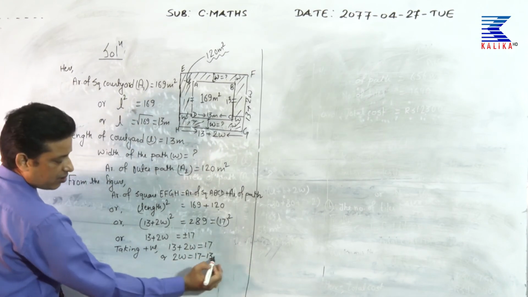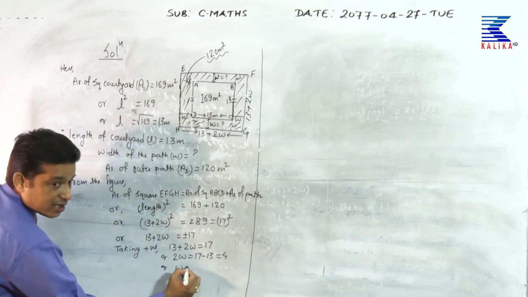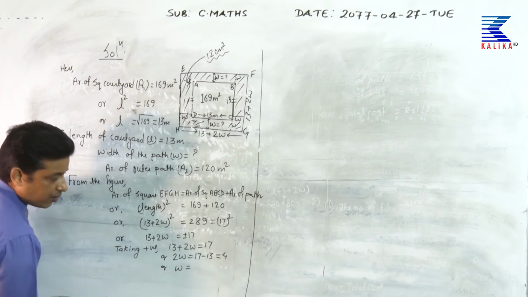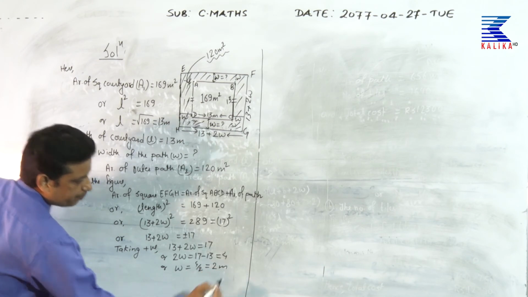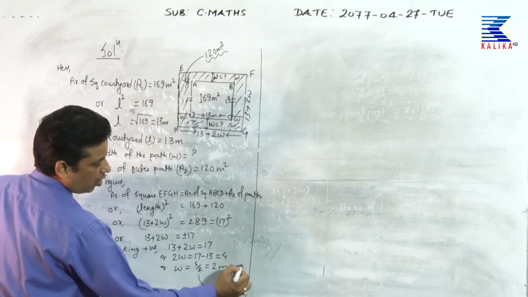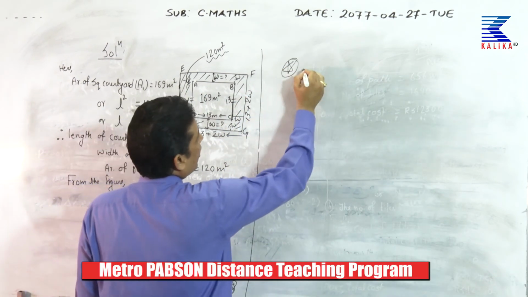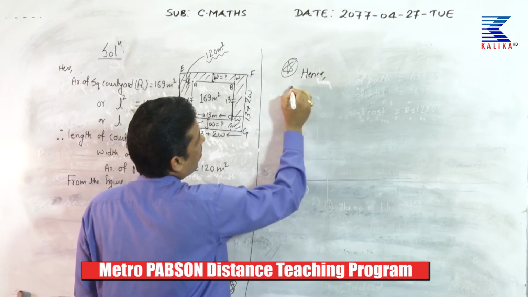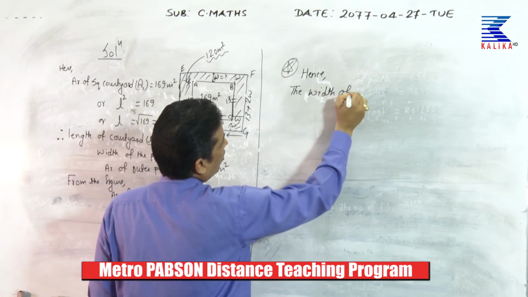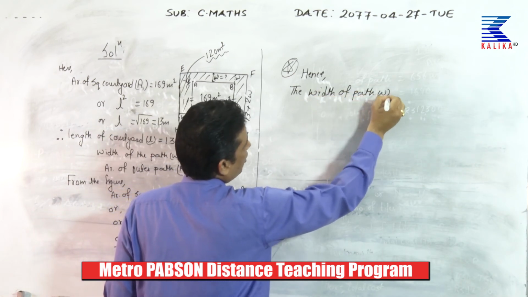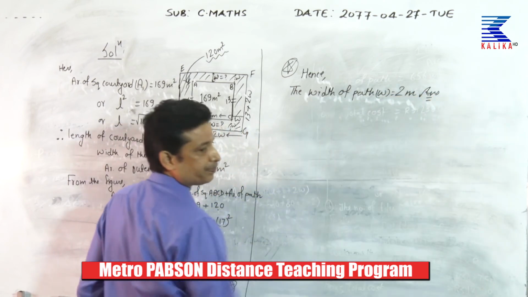So, 17 minus 13 is 4, which I have written here, or W is equal to 4 divided by 2, it comes 2 meter. Hence, what we got, the width of the path W is equal to 2 meter, answer.